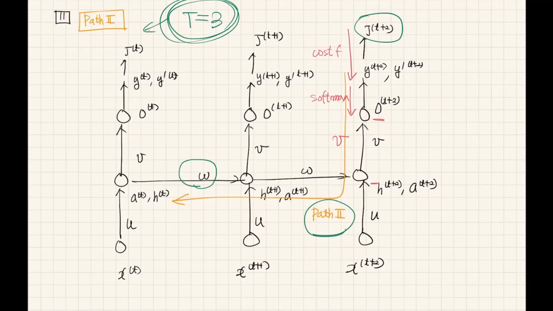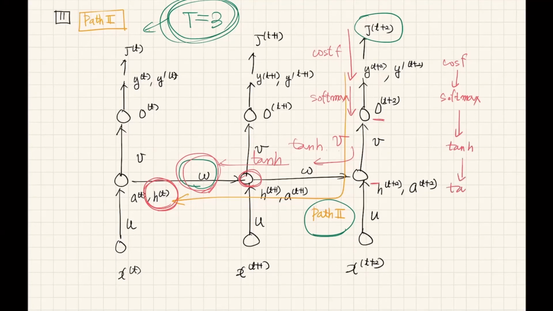To relate V to W, we have to go through the tangent hyperbolic function. And when we go through the activation function at stage t+2, we also have a tangent hyperbolic function. And finally, we reach W, and we also have to know this h_t. So we have to know the cost function and the softmax function derivative, the tangent hyperbolic function twice, and then h_t.